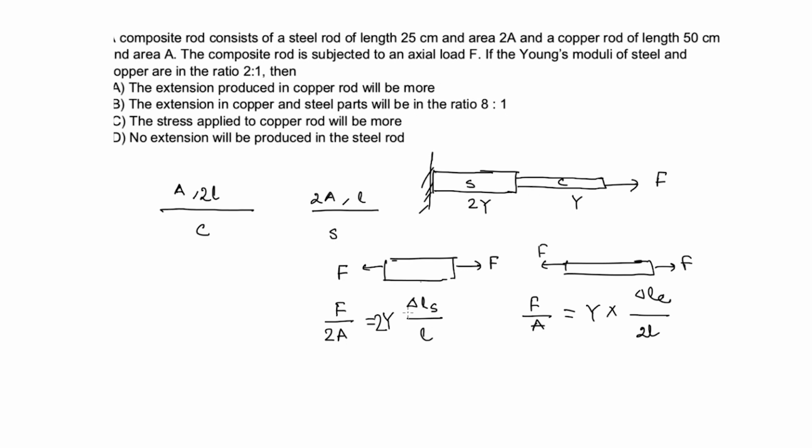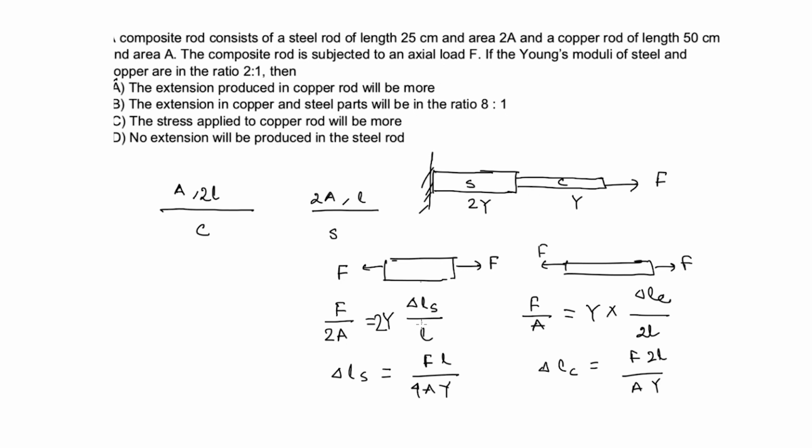So what is the extension? Delta L of steel is equal to F into L by 4AY, and delta L of copper is equal to F into 2L by AY, right?